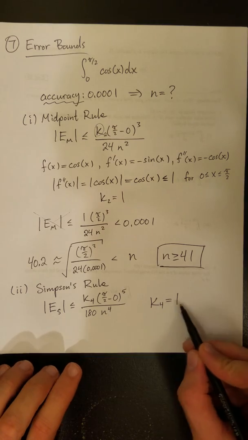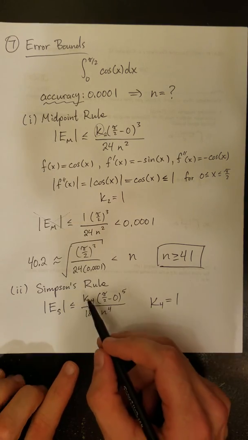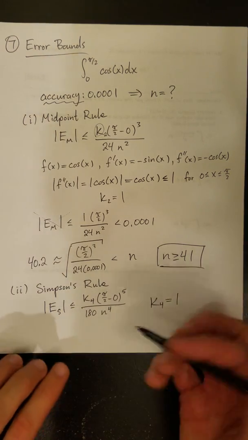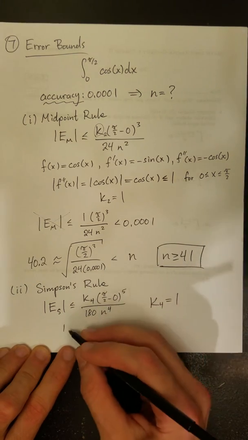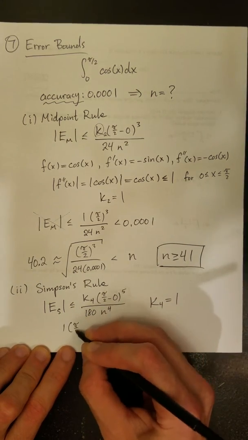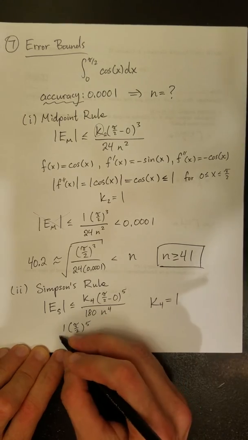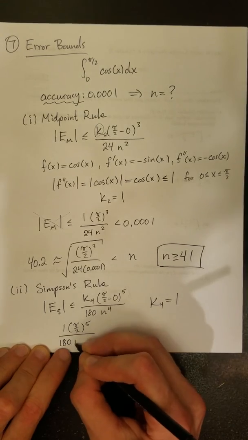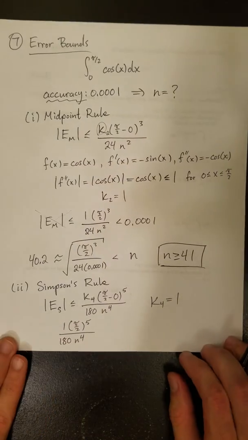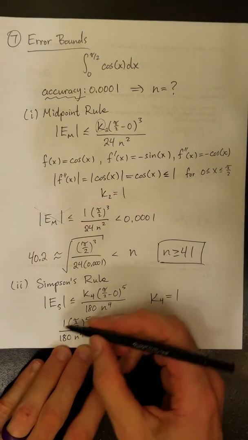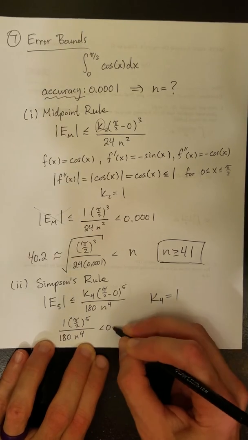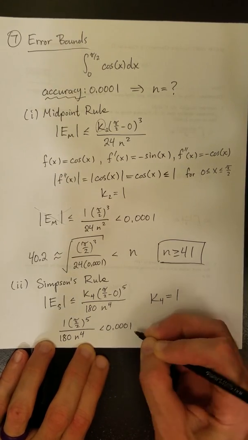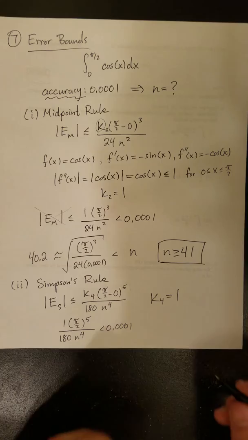So again, here we're going to use our K4 value as 1, and then we just need to set it up as we did before. So we'll have 1 times (pi/2) to the power 5 divided by 180 n to the power 4. We need to make sure that this quantity, which is of course larger than the magnitude of our error, is smaller than the degree of accuracy that we want.